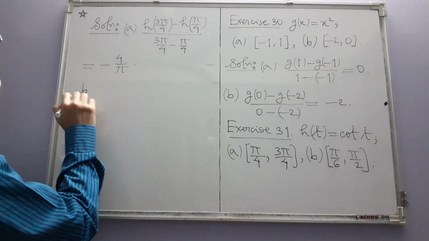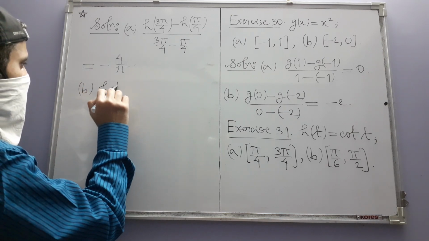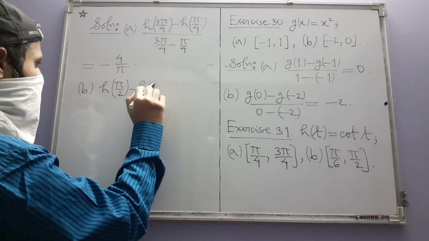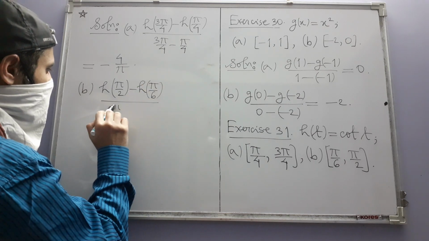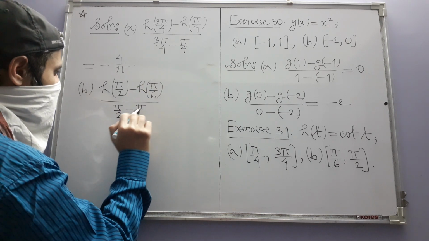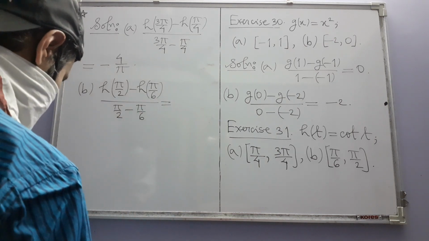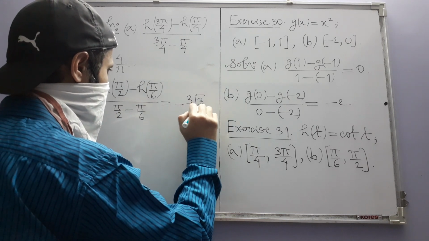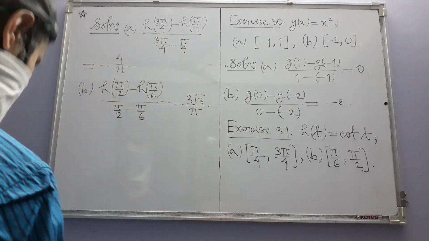And in part B, here the final answer is minus 3 root 3 over pi.